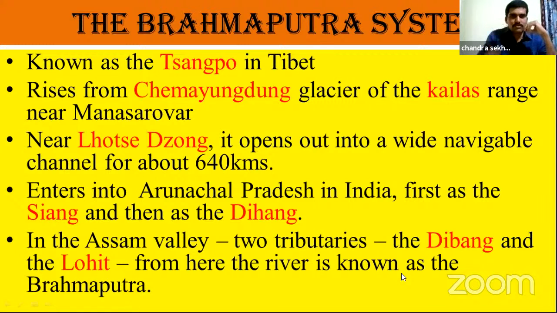It rises from the Samayungdong glacier in the Kailas range near Mansa Sarovar. The local names of Brahmaputra in Arunachal Pradesh are first Siang and next Dihang. When the Dibang and Lohit, the two tributaries, join the Brahmaputra, then onwards this river is known as the Brahmaputra river.